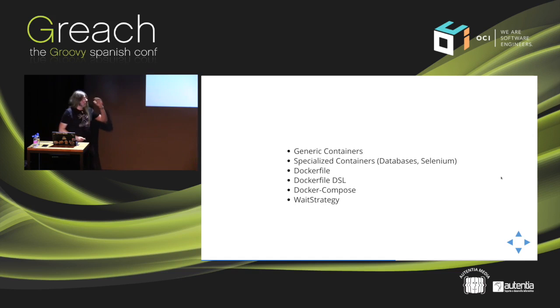Supports Docker Compose. We'll see Docker Compose later in the demo. And it has something really neat, which is called a wait strategy. Because if you start a container, for example a Postgres container, and in your test, you want this container to actually run the application inside in such a way that you can connect to it and use it.